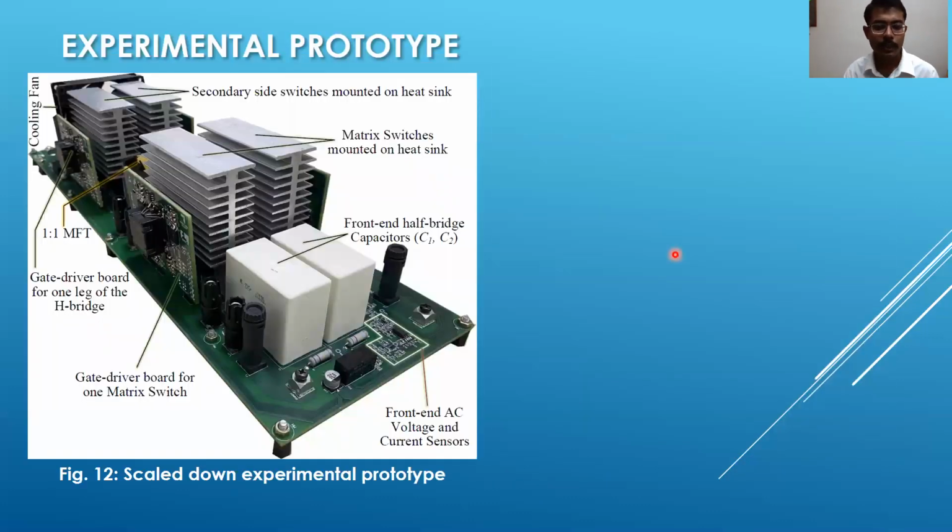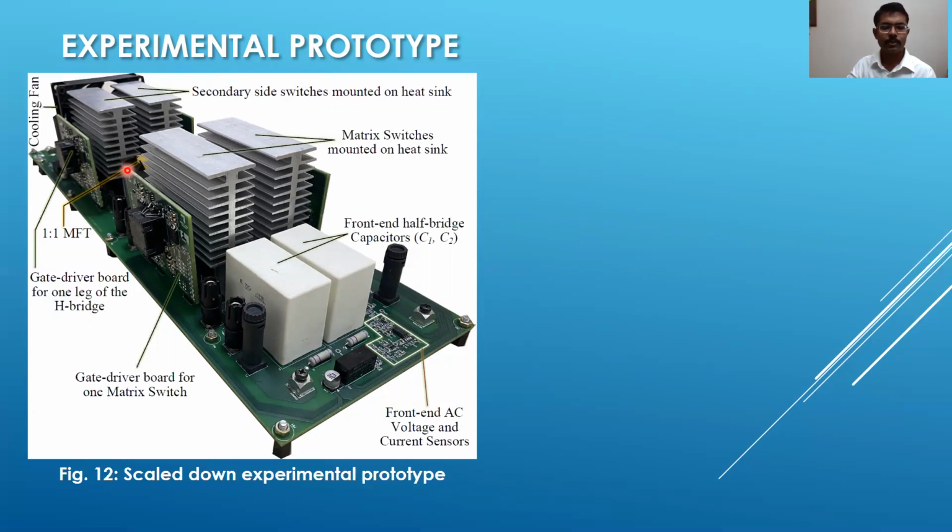So here we have the experimental prototype that we have designed, and here you can basically see one of the submodules. And we can say this is a scaled down experimental prototype.